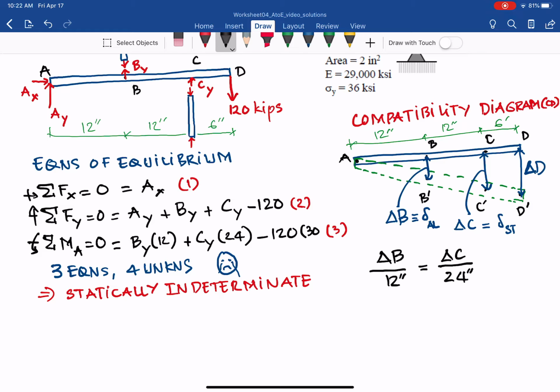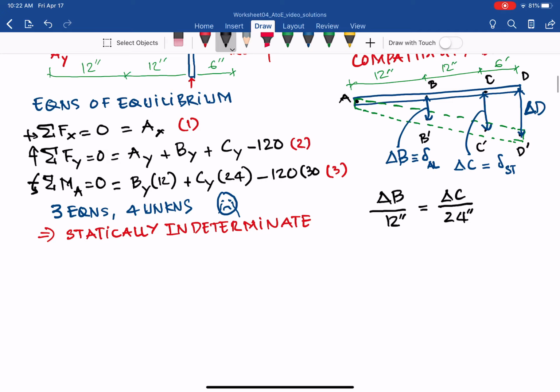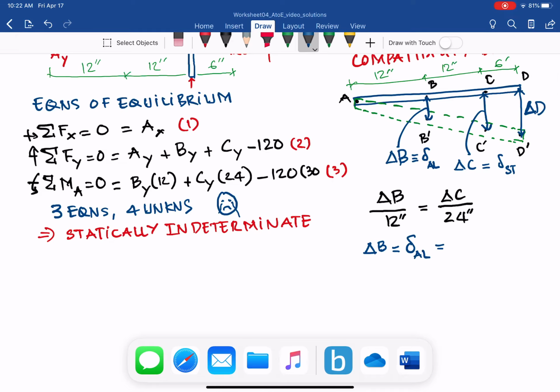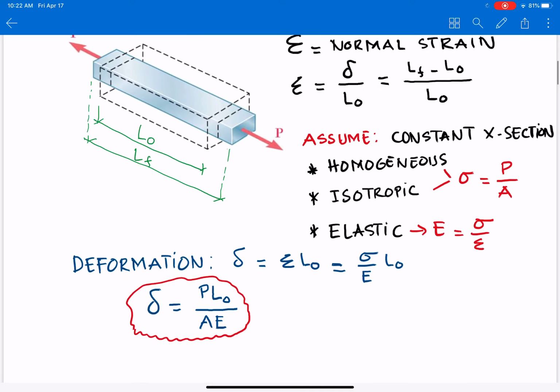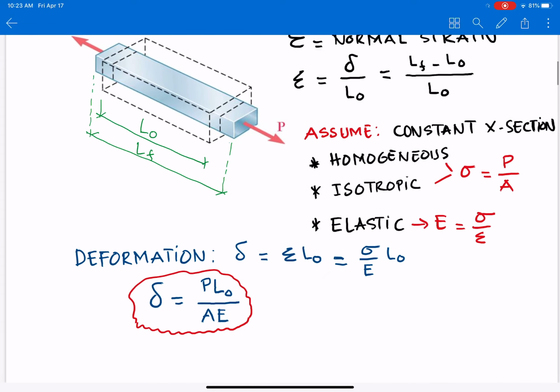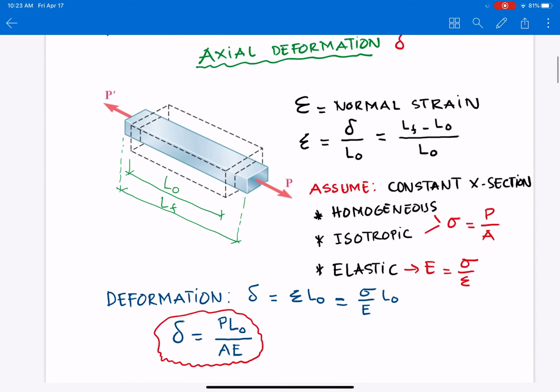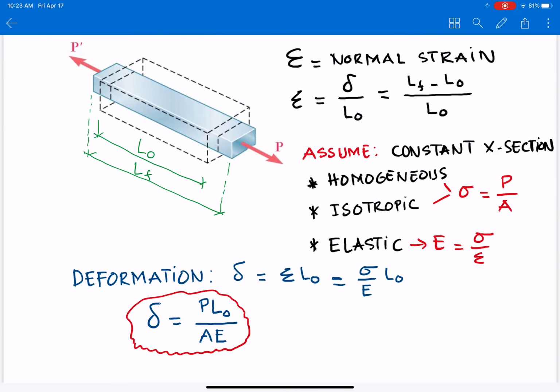I already said delta B equals the deformation of the aluminum rod. And for the axial deformation, if you recall from our class, the deformation equals PL over AE, and we also need to check the assumptions later on to have that equation.